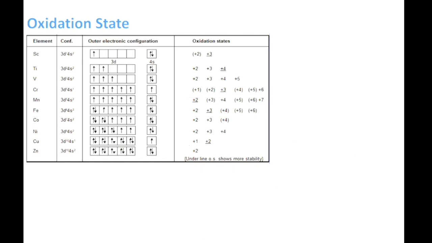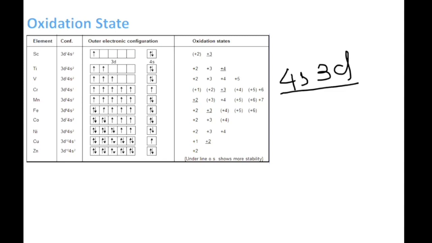And they show variable oxidation states due to different numbers of electrons participating to form covalent bonds. Here both S and D electrons, 4s and 3d electrons, participate in the formation of covalent bonds.